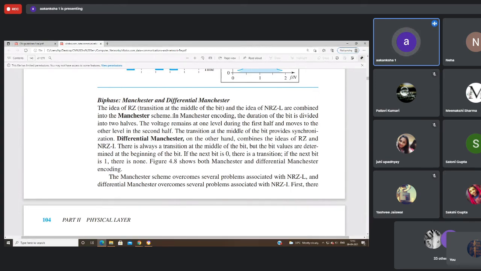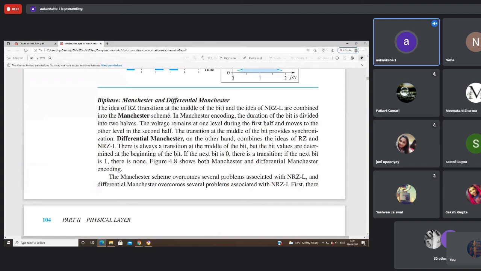So whenever we are transiting in the middle of the bit and remaining at the 0 level, that means we are changing the bit. If the clocks are not synchronized at sender and receiver side, they can re-synchronize themselves, and if there is a transition in the middle of the bit, the receiver will get to know that the next bit has changed. That way they can re-synchronize after some time.